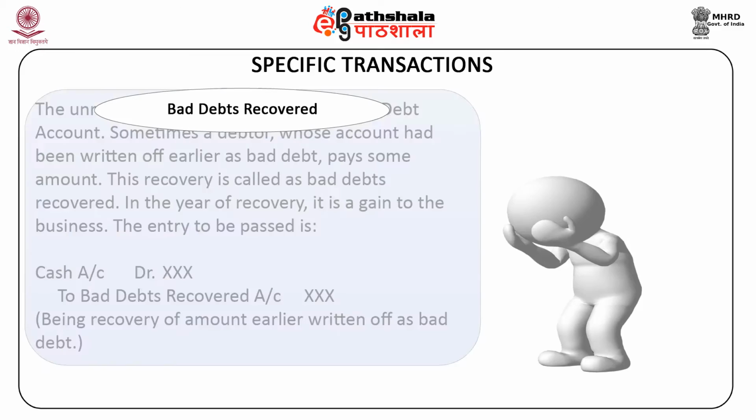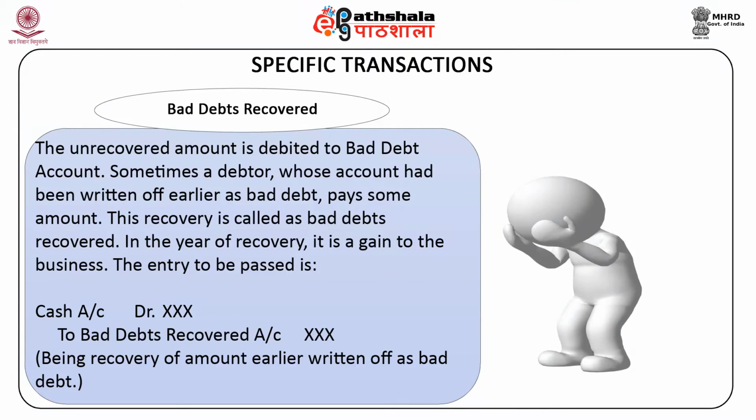Sometimes a debtor whose account has been written off earlier as bad debt pays some amount. This recovery is called as bad debts recovered. In the year of recovery, it is a gain to the business. The entry to be passed is cash account debit to the credit of bad debt recovered account, being recovery of amount earlier written off as bad debt.